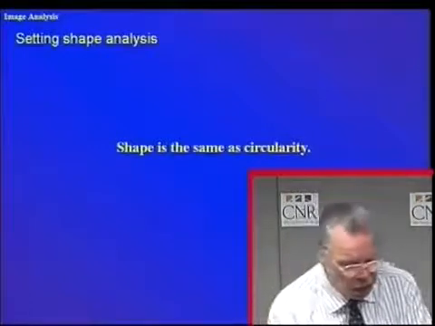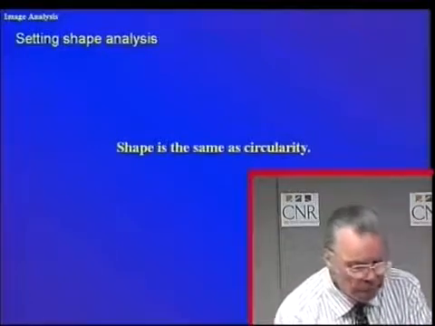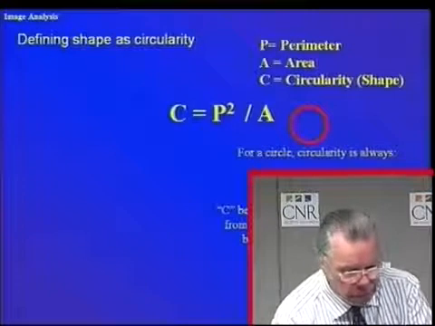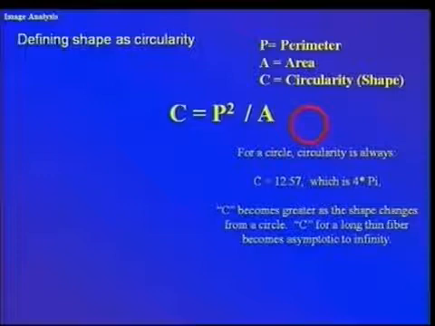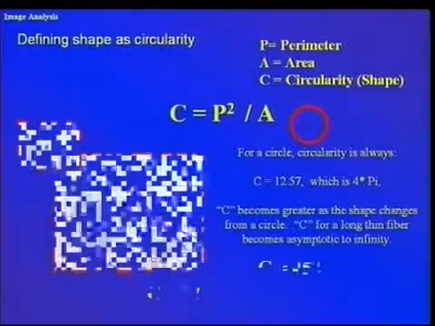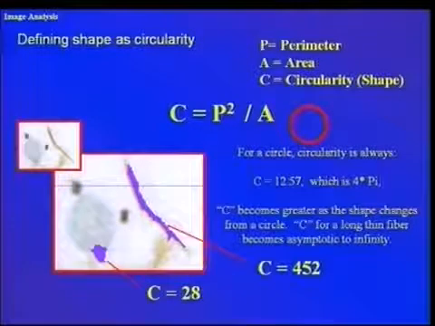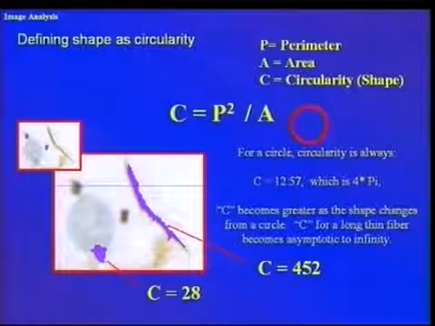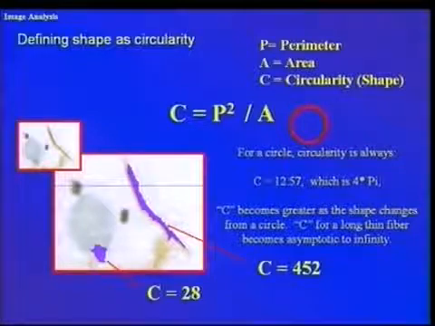A moment on shape. Shape is the same as circularity. Circularity is a concept that was originated by Archimedes in about 200 BC on the island of Sicily, which was then called Syracuse.